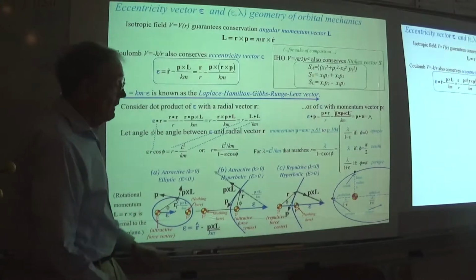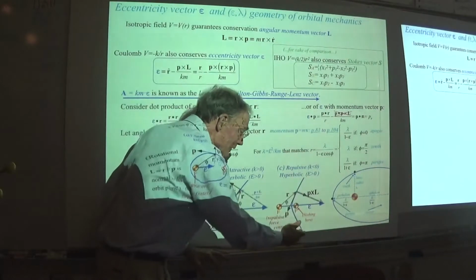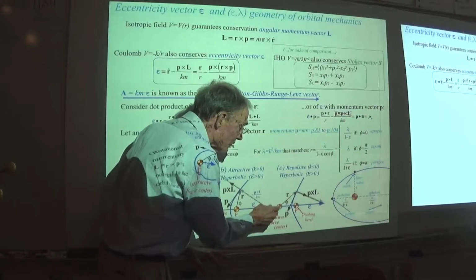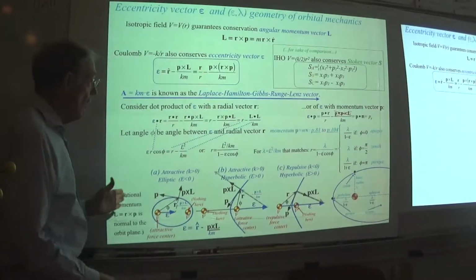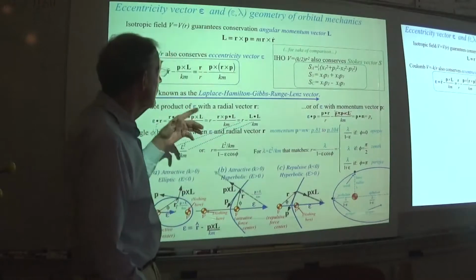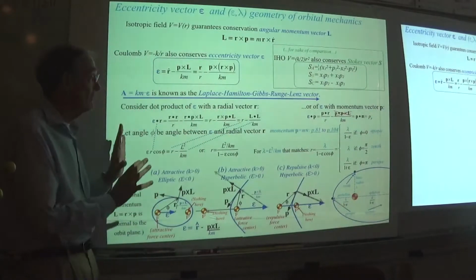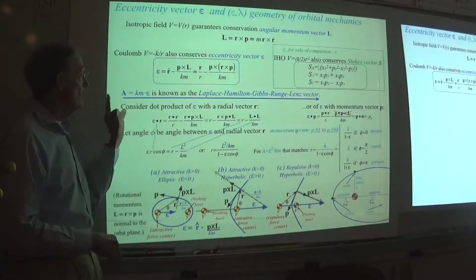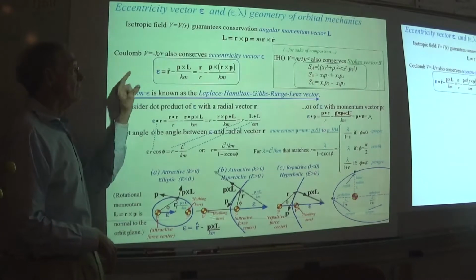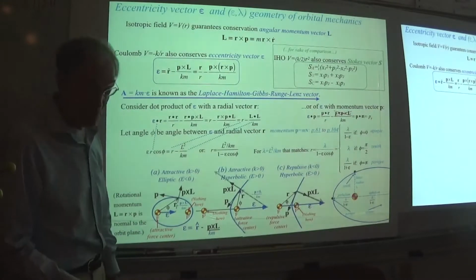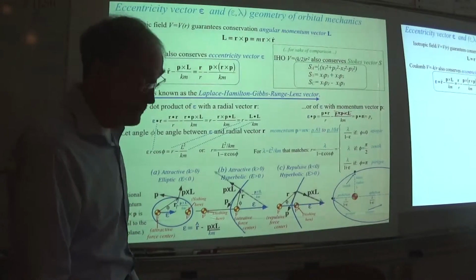Now the nothing is inside the curve. The thing that's pushing is repulsive, and it's sitting here. So all three of these are being taken care of, their geometry, their physics, their everything, by this magic vector. The quantum mechanics with the A, the classical mechanics with the epsilon. Does that make some sense?